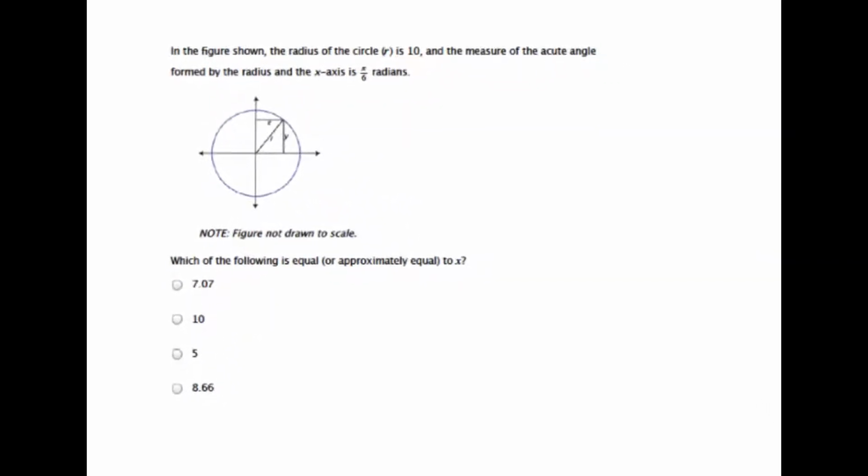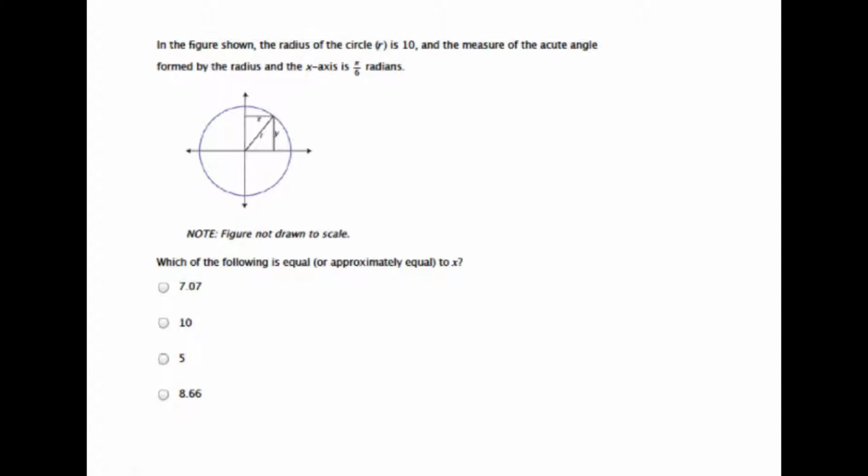Alright. This one was a little tricky the way it's worded. For me, I just saw that it was pi over 6, which to me, that's 30 degrees. And it's asking for the measurement of r.